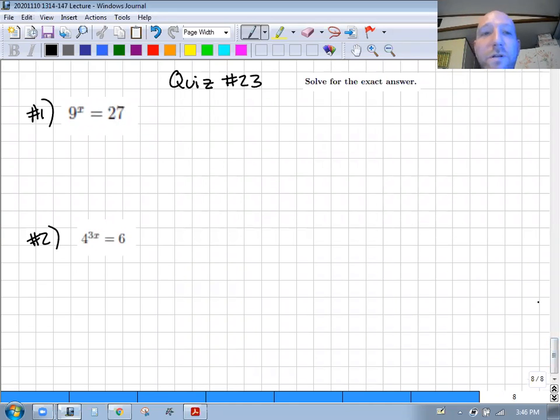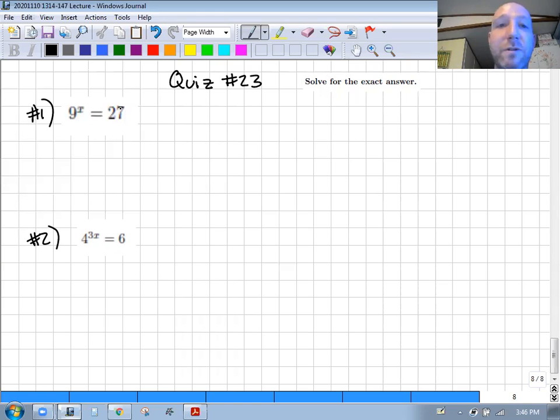All right, number 1. If we're going to get the x out of the exponent, there's 2 ways we could approach it. We could try to take log base 9 of both sides, you know, log base 9 and the 9 to the would undo one another.